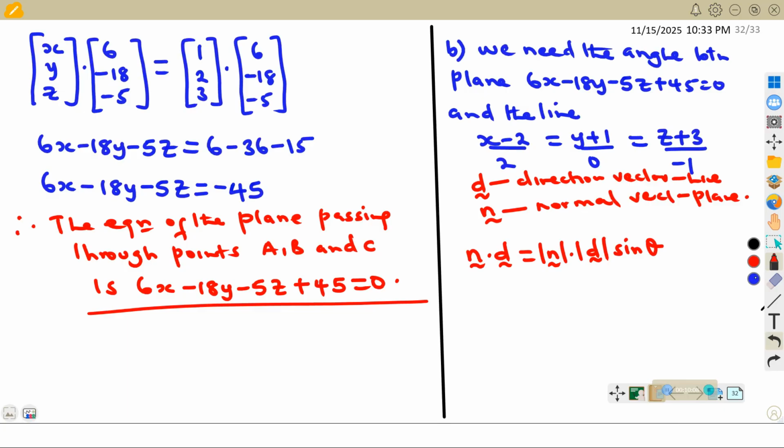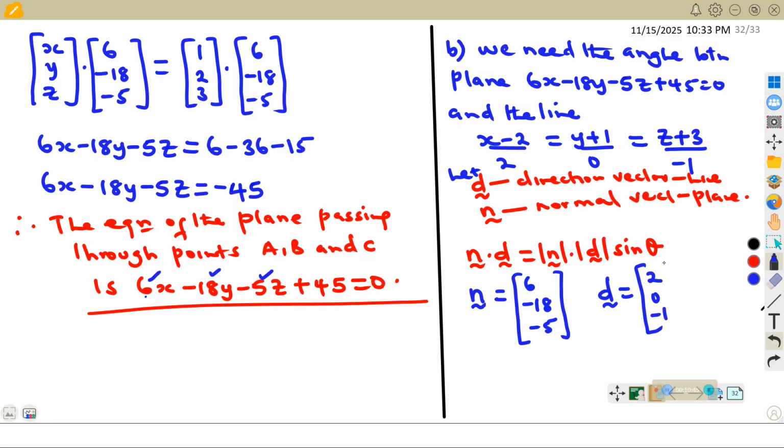So let us look at n. What is the normal to the plane? The normal to the plane is 6, negative 18, and negative 5. And d, the direction vector of the line, is obtained by taking these values here, so that will be 2, 0, and negative 1.